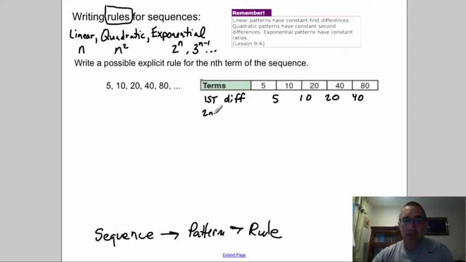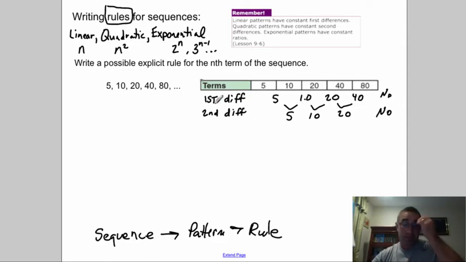If those aren't the same, take a look at the second differences. 10 minus 5 is 5, 20 minus 10 is 10, 40 minus 20 is 20. Those are not the same. So first differences is linear. It's not linear. Second differences are quadratic. It's not.